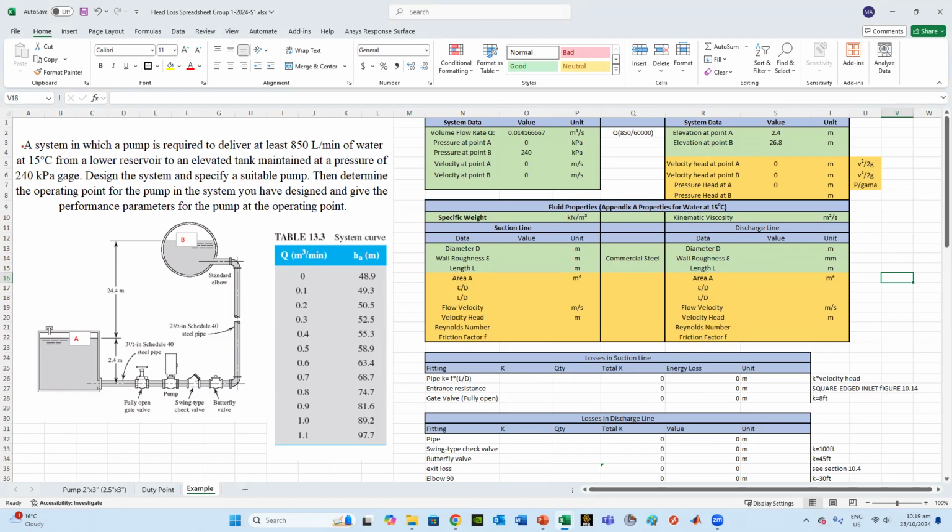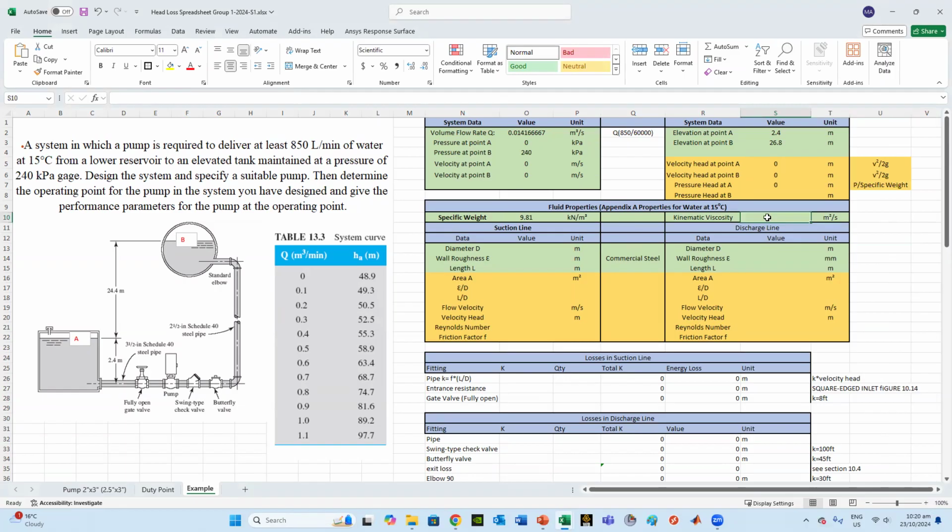I can see it. The specific weight is 9.81. So I put the value here, 9.81. And the kinematic viscosity, I could copy it here as well, and then people will understand what gamma is. So I put specific weight, and that way when people read this, they can understand what's going on. You can expand that so people can see it.